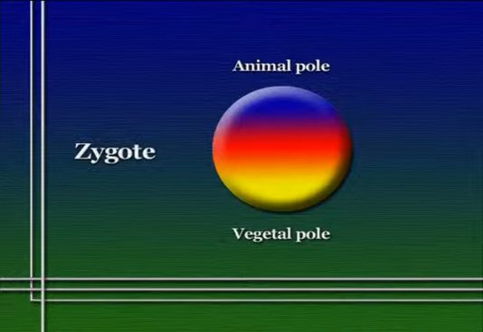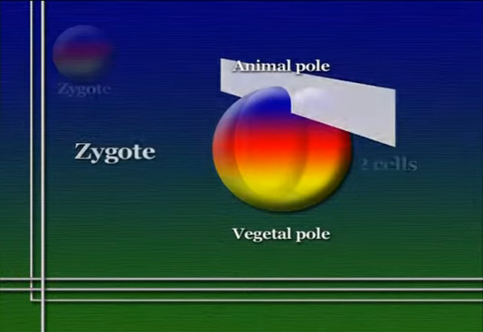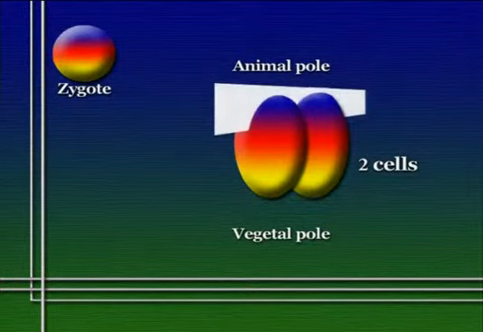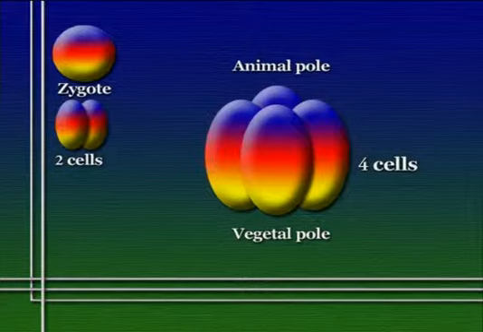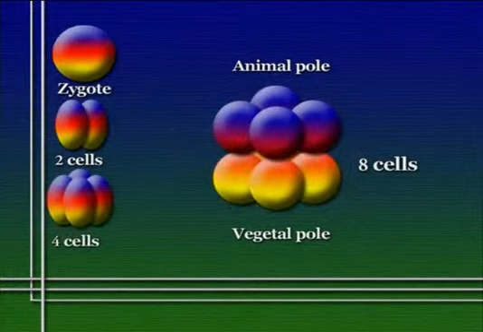If we divided this cell along the longitudinal plane, that is, dividing the cell along a line that runs from the north pole to the south pole, the animal pole to the vegetal pole, then the resulting daughter cells will retain the same asymmetric distribution of that protein, with the north, animal half having more, and the south, vegetal half having less of that protein. But, and here's the key point, if instead we divide this cell along its equator, then the resulting daughter cells will be fundamentally different from the parent cell.